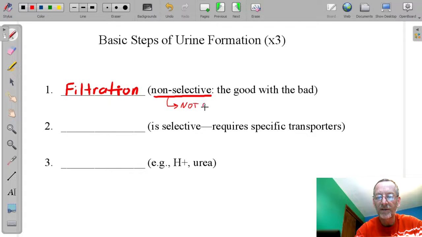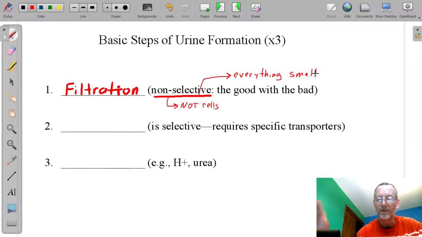Otherwise, everything's small, including glucose, amino acids, ions, all that stuff is small. Could be antibiotics, it could be drugs, everything gets filtered out, the good with the bad.